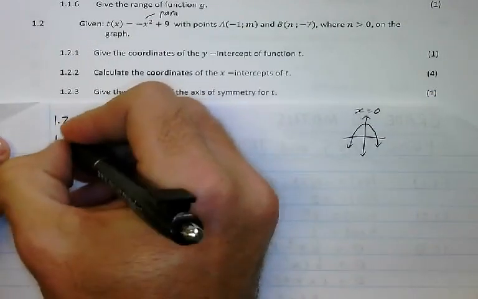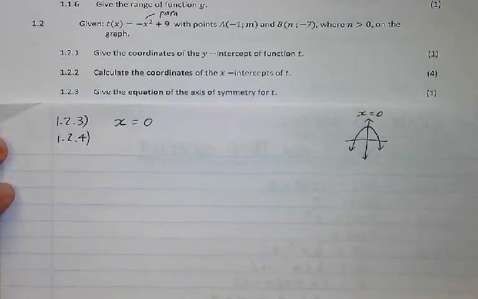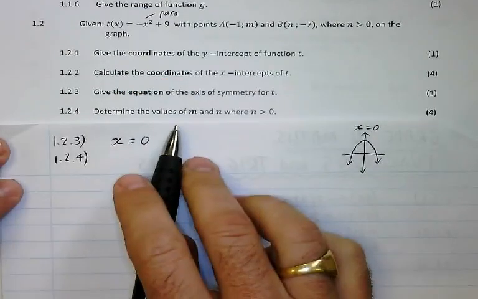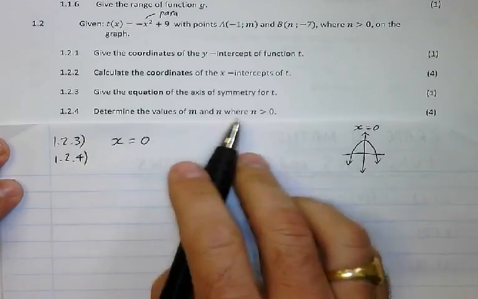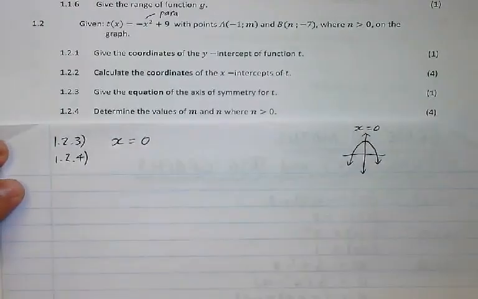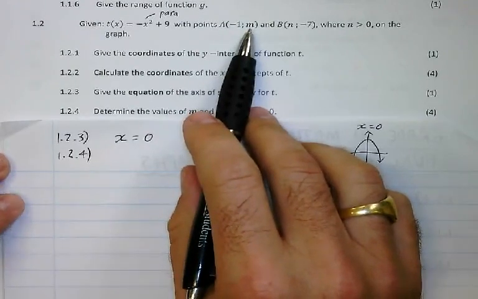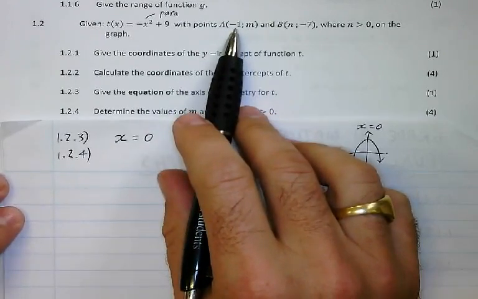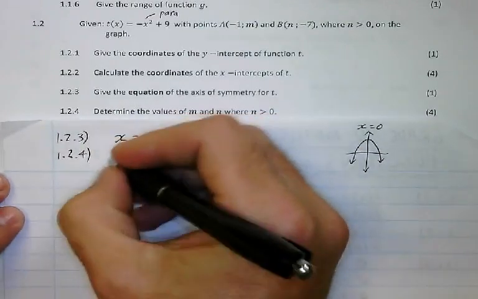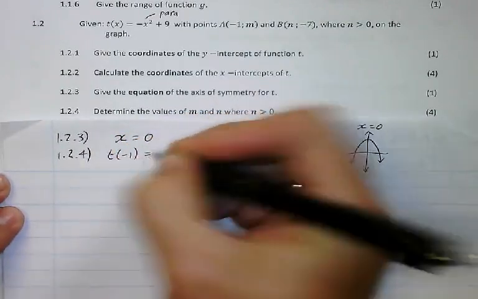1.2.4 then asks us to determine the values of m and n when n is bigger than 0. So, if we look at m's value first, m is the y-coordinate when x is -1. So, we are basically just going to sub -1 into our parabola's equation.